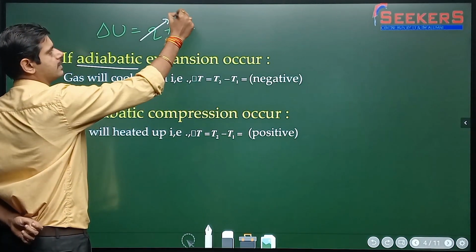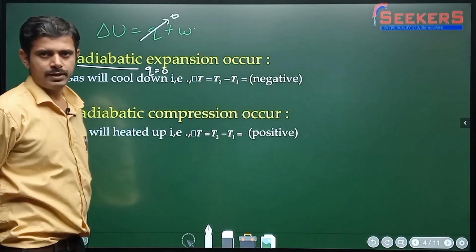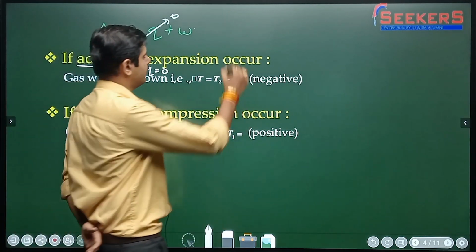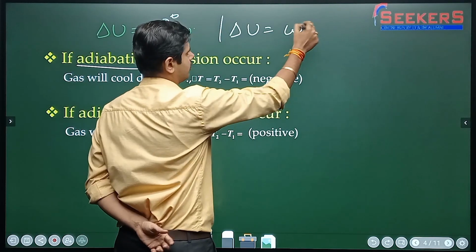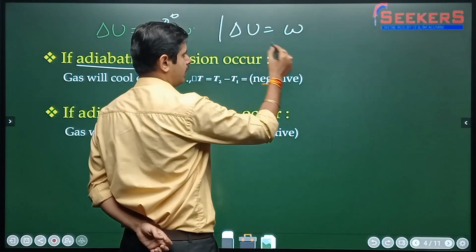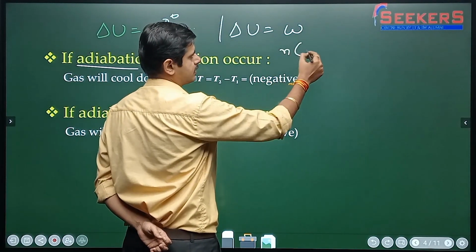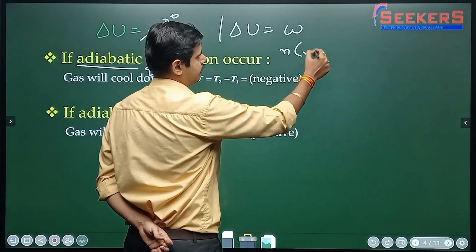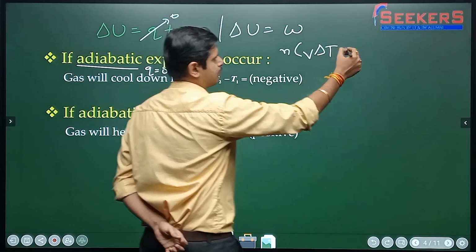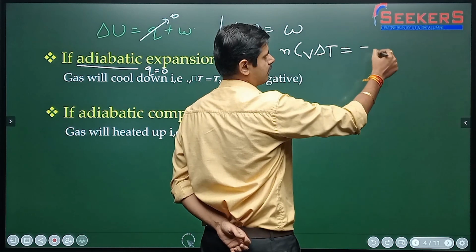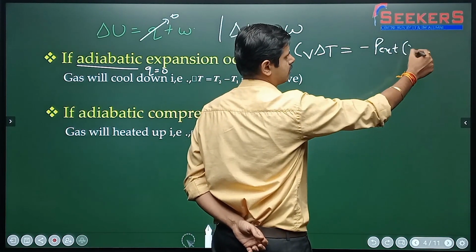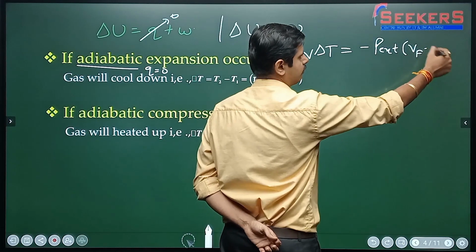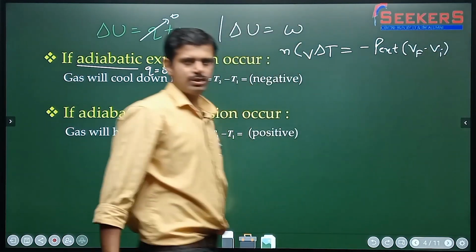So my delta U in this case will be equal to work done. Now we write the formula. Delta U is always equal to, for an ideal gas, n Cv delta T, which is equal to minus P external into dV. dV is V final minus V initial.